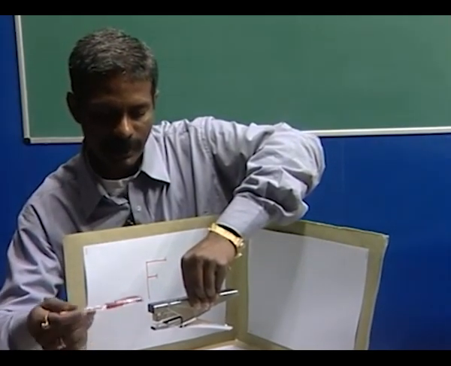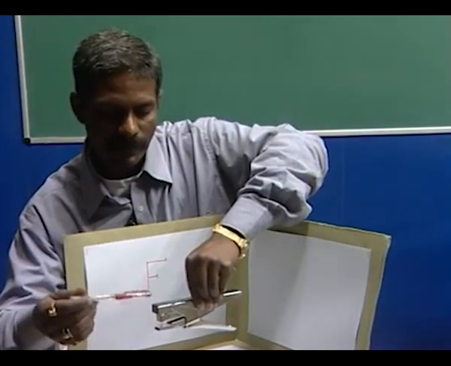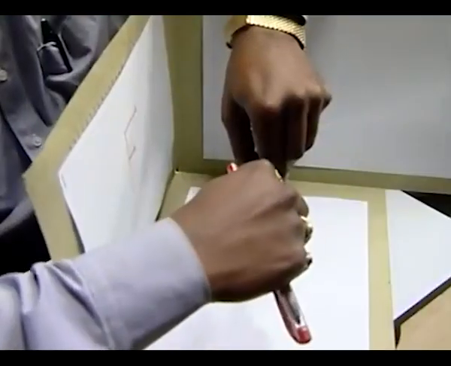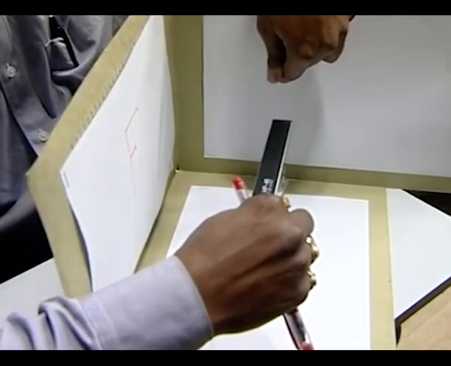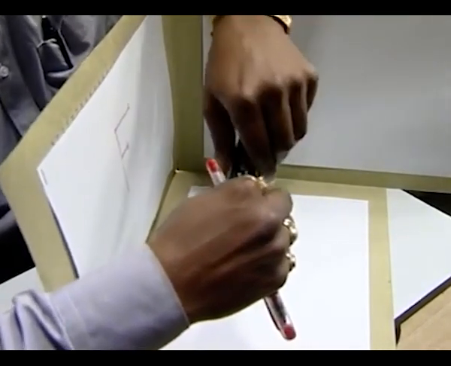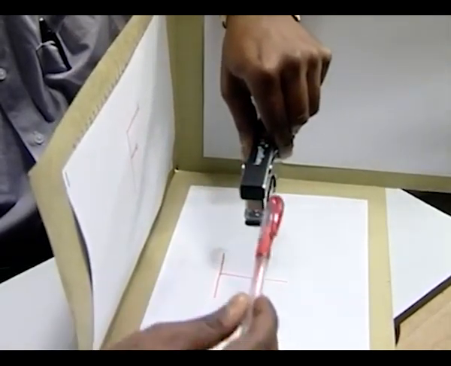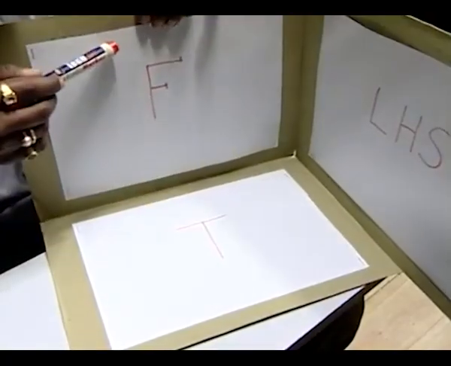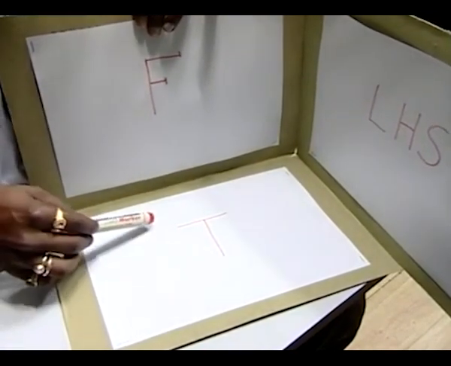They're hitting this object, and these projections are being allowed by the object. The projections fall on this plane. So this plane will in fact have this view, or the left hand side view of the object. Now let me unfold these planes.